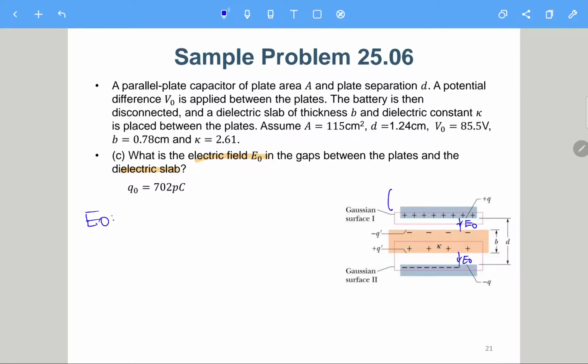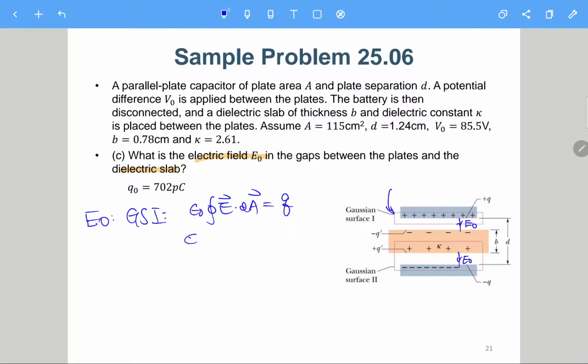So we use this Gaussian surface 1. We have epsilon naught integration of E dot dA equals Q. So within this Gaussian surface 1, Q enclosed is plus Q, and then E0 pointing to the bottom.